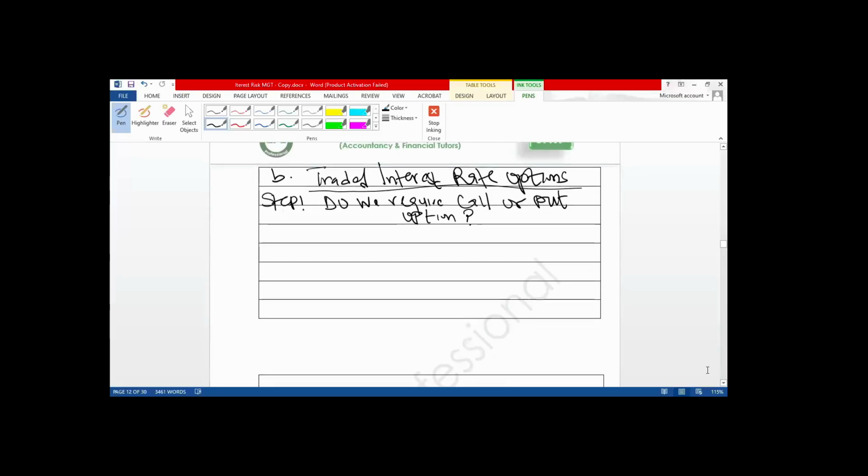Without wasting time, a borrower will buy put option.